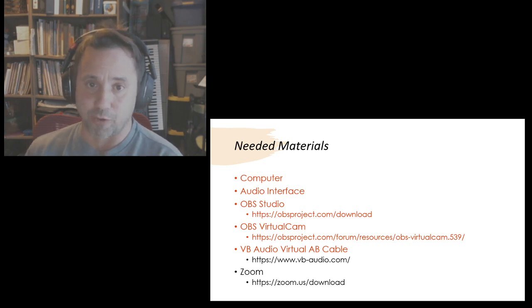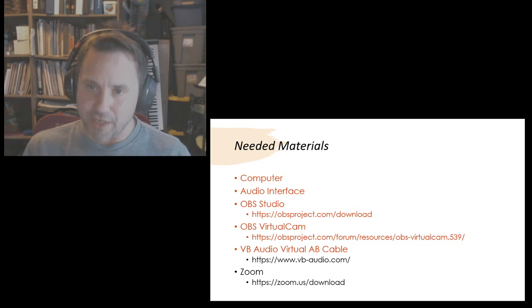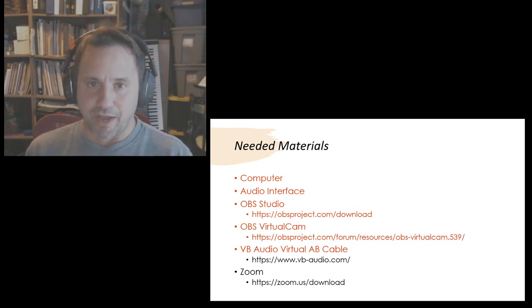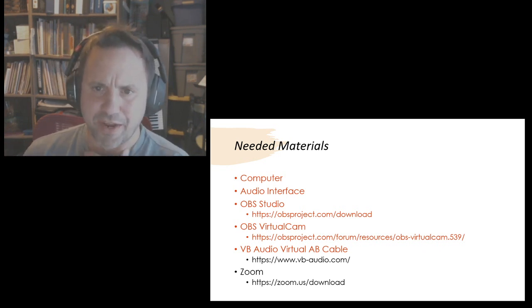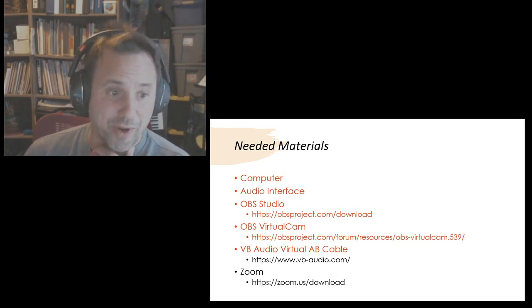It allows OBS Studio to output its video feed into Zoom. So basically, the camera that you're seeing here now, or any other video that's being displayed in OBS Studio, will be output virtually to Zoom. It'll make more sense once we do it. So why don't we get that downloaded?